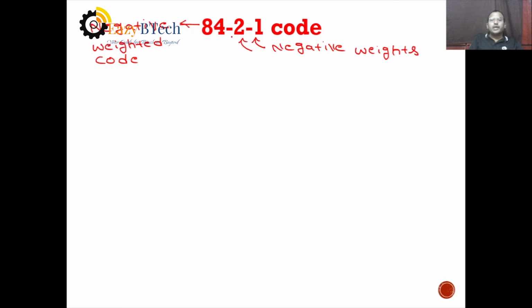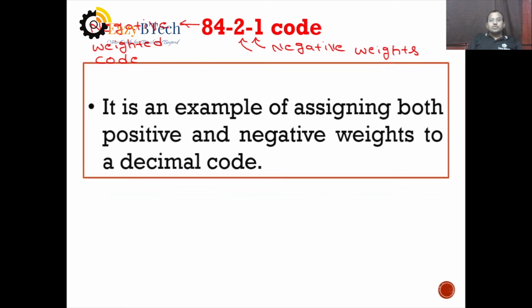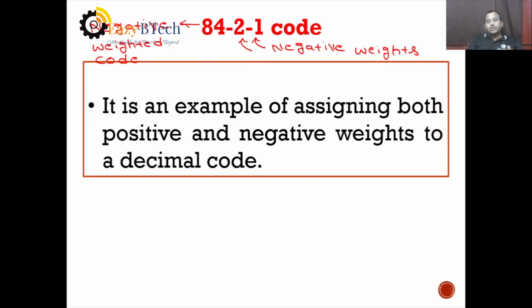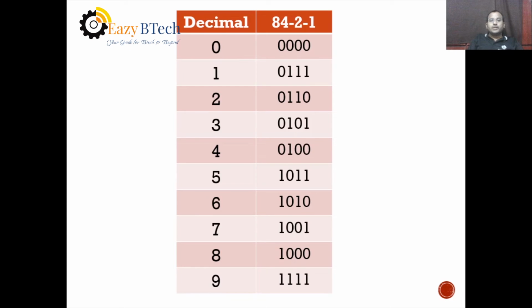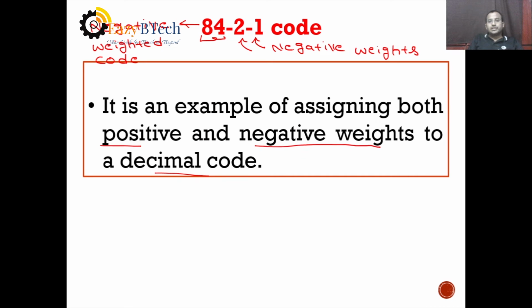So 84-2-1 is an example of a code with both positive and negative weights, right? It is also a self-complementing code.